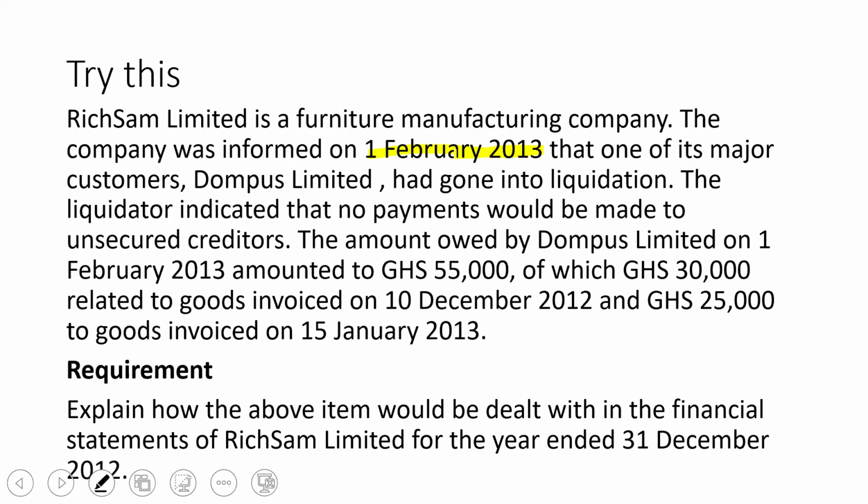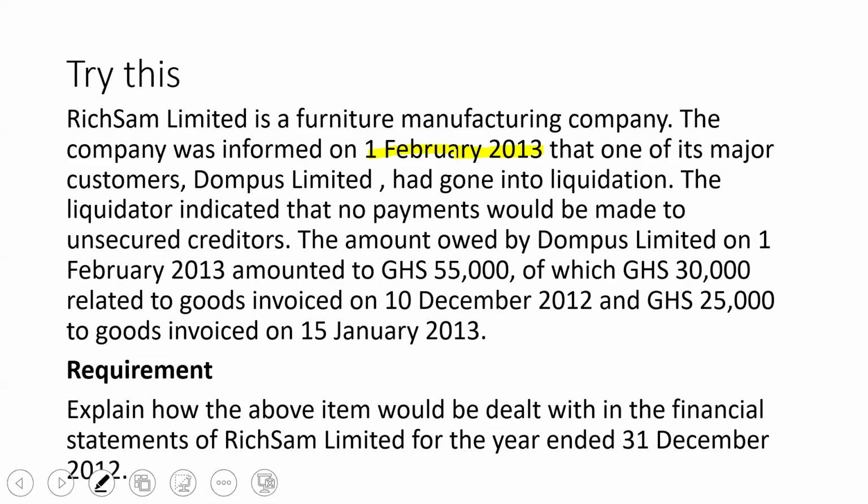And 25,000 of the goods was invoiced on 15th January 2013. In as much as a customer going into liquidation or bankruptcy is an adjusting event, this sale happened after the reporting date. So the 25,000, which was invoiced in January 2013, is a non-adjusting event and will be disclosed in the financial statements.